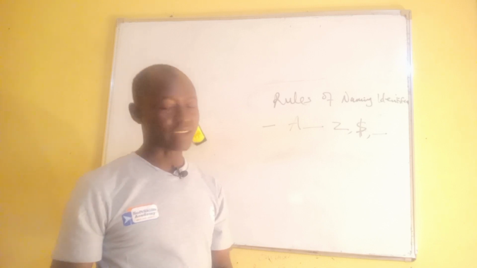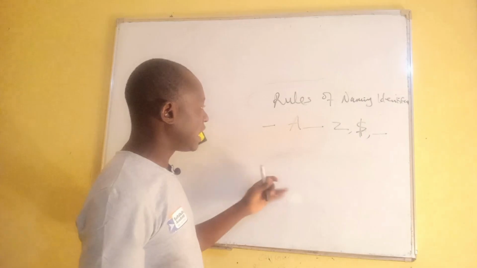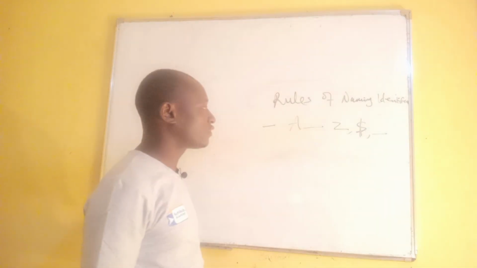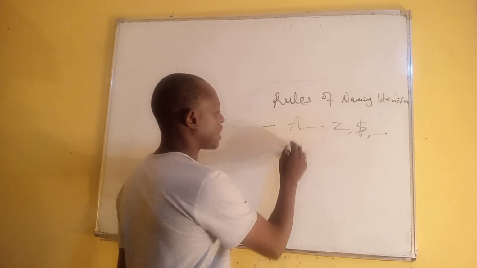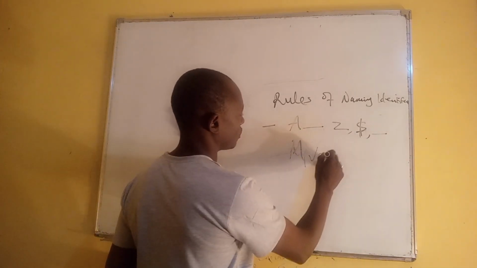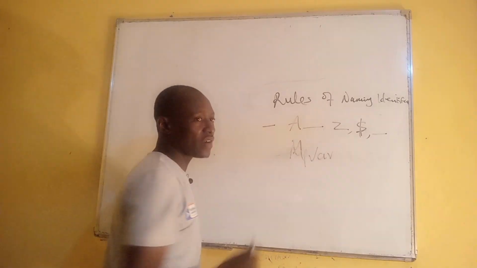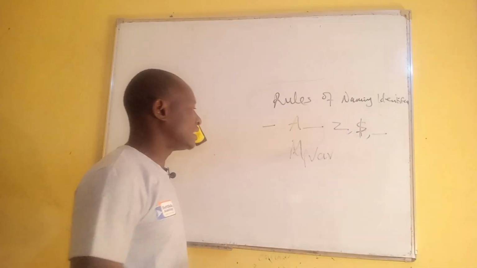In essence, what they are saying here, if you are starting your variable, let's assume I want to give a variable, I can say it myVar. This is my variable. This is what I am now naming this identifier with.